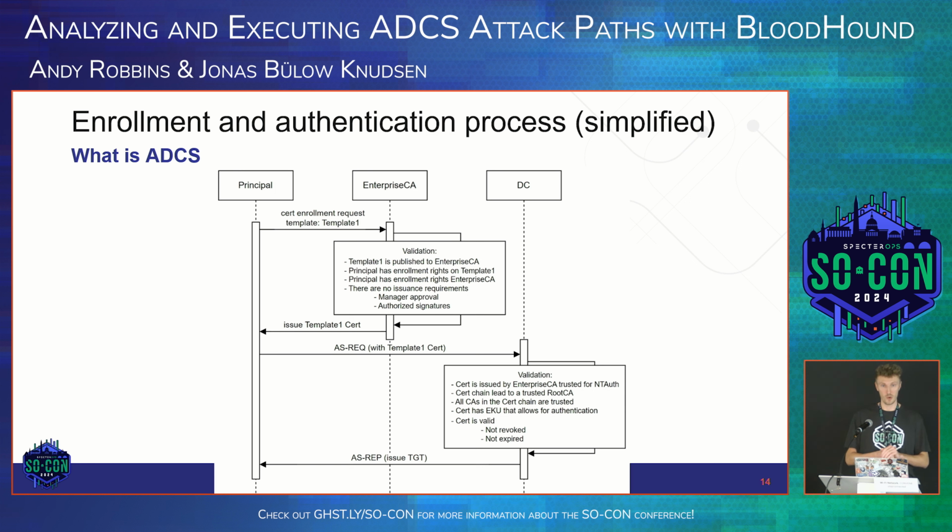It will check that all the certificates in the certificate chain are trusted all the way up to a root CA for the environment. And it will also check that the certificate has an EKU that allows for authentication. There are also some extra checks, like figuring out if it's revoked or if it's even valid. And then there's also the process of figuring out if it's the right principal that I'm authenticating as.